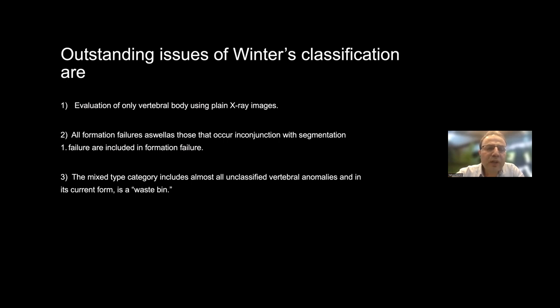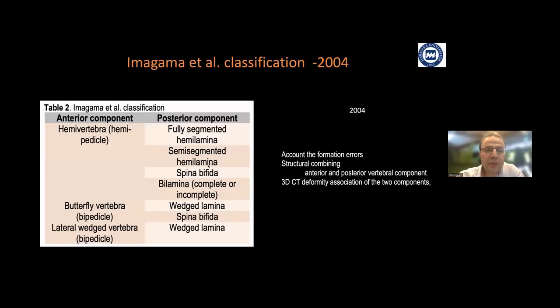So we went beyond the Winter classification, because it depends on plain X-ray images, and not all formation failures are encompassed in it. And when we use 3D CT we see a lot of mixed anomalies.